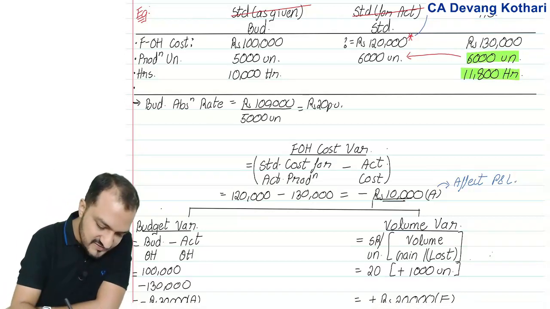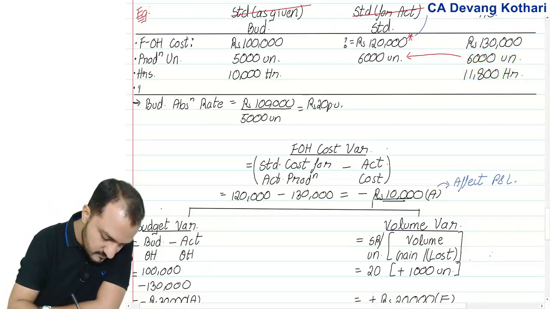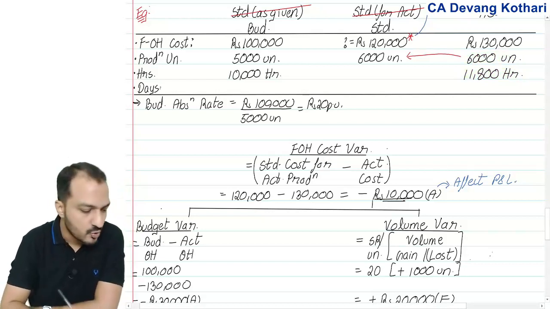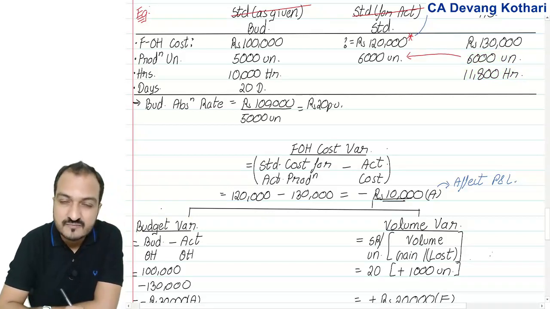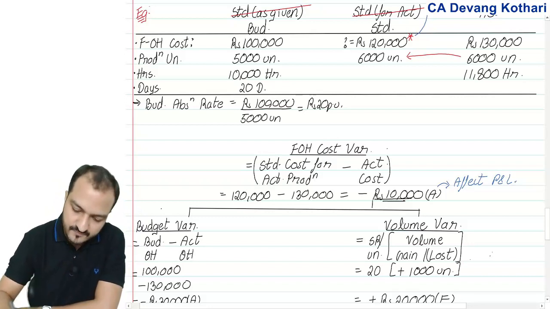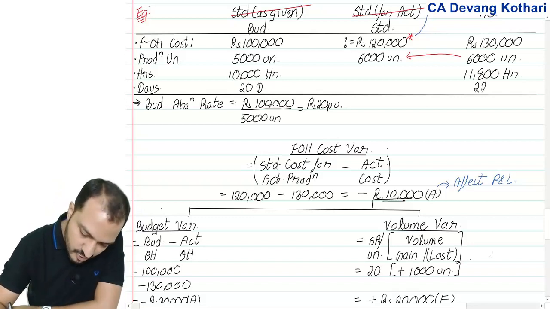Also, I give you details about the number of days. As per the budget, in 1 month you should have worked for 20 days. But actually in that month, you worked for 22 days.